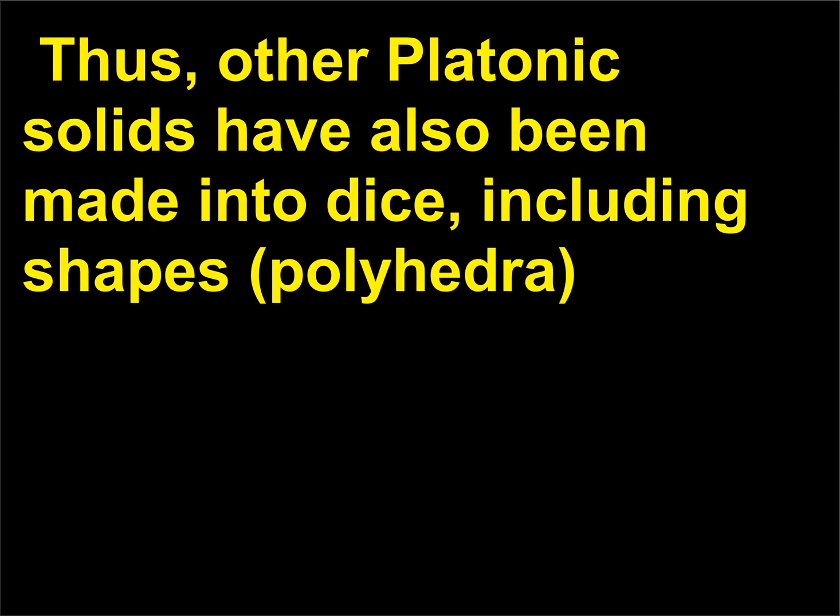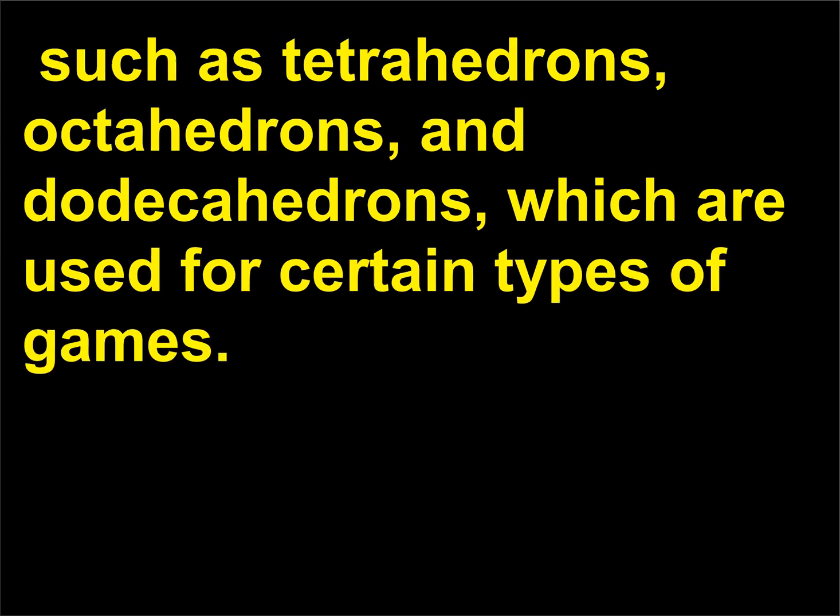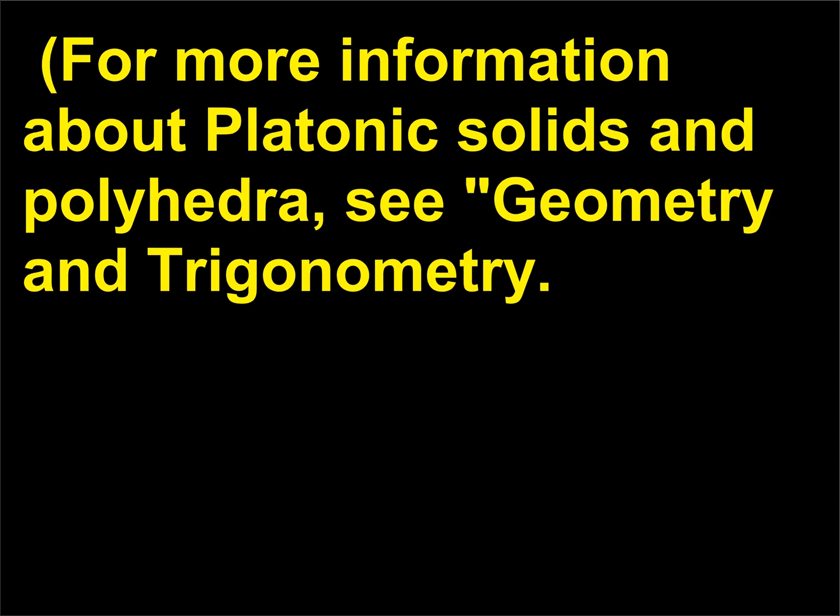Thus, other Platonic solids have also been made into dice, including polyhedra such as tetrahedrons, octahedrons, and dodecahedrons, which are used for certain types of games. For more information about Platonic solids and polyhedra, see geometry and trigonometry.